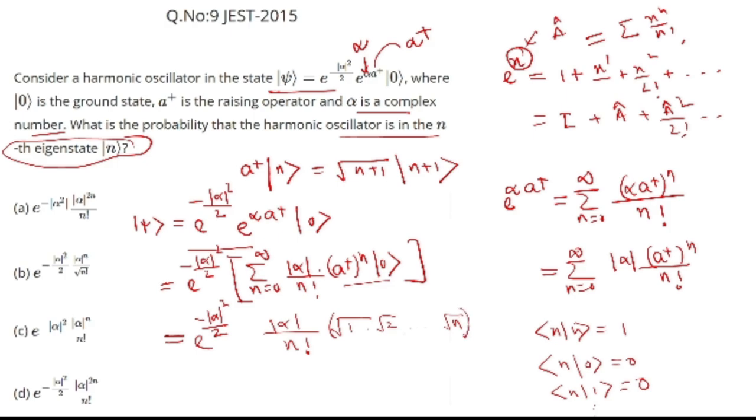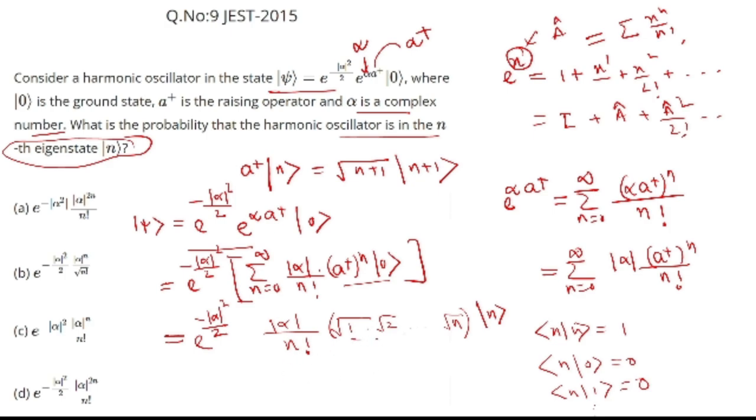For the n state only we can neglect all other states, because we have to find only the probability for this state, and for bra n ket n this gives us 1, while for all other states it gives 0. That's why we are neglecting all other states and only considering the n state. So it will be ket n.